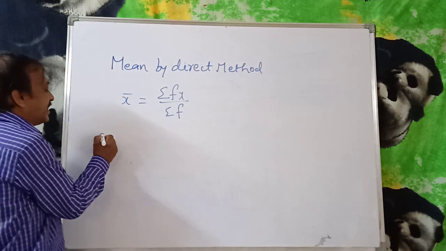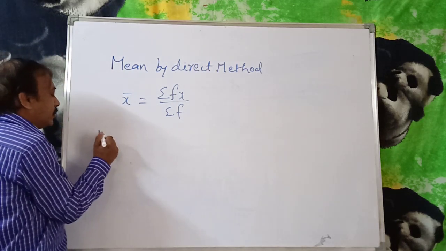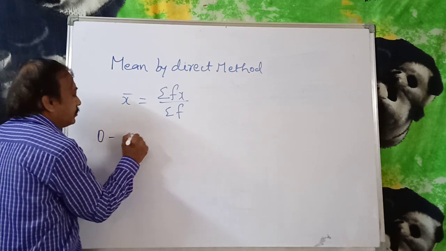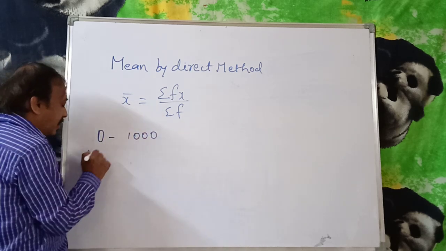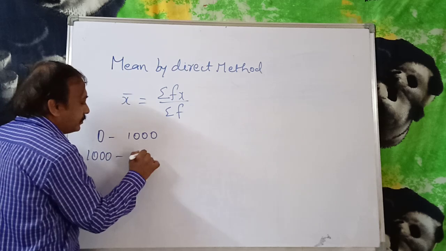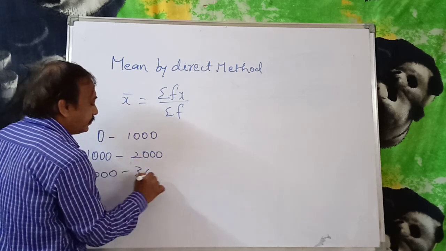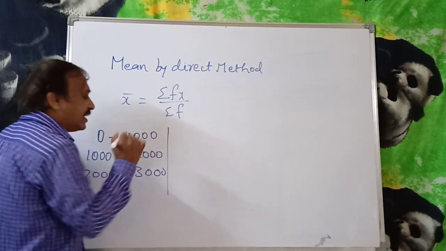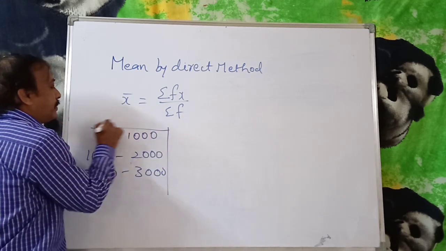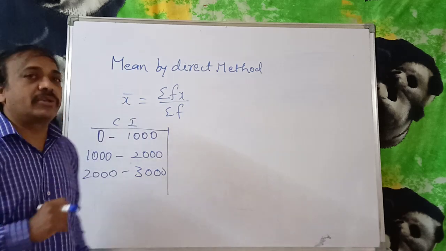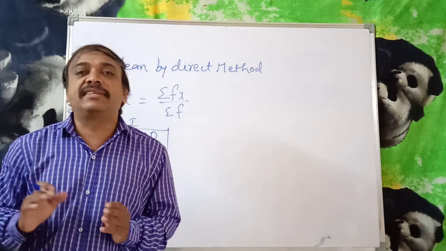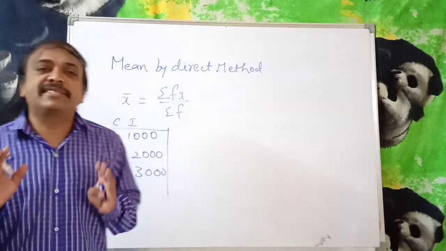Now suppose the data has class intervals 0 to 1000, then 1000 to 2000, 2000 to 3000. These are the class intervals, just for example. Class intervals are shortly denoted by Ci.